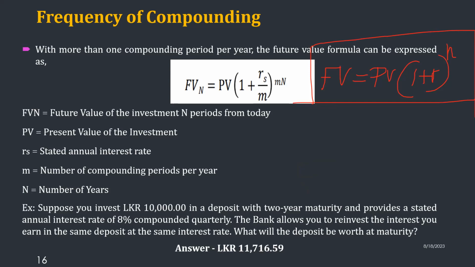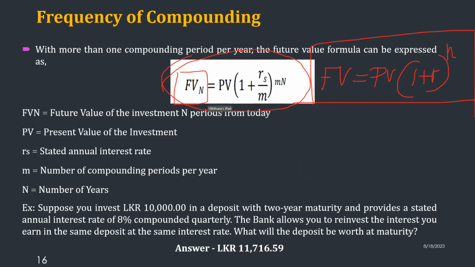So you're having an investment and it gives you interest annually. However, if the interest rate is calculated more than once per year, then you have to use this formula. That is the frequency of compounding and calculation of the future value formula.